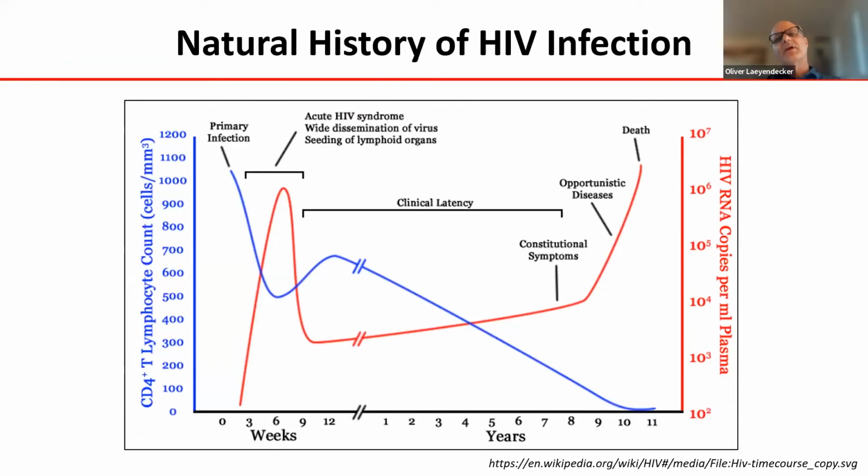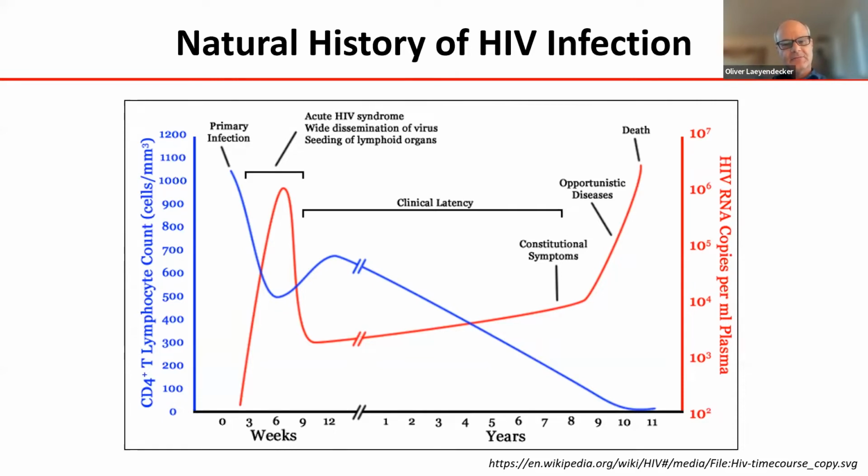When we switch to looking at pathogenesis, this is a description of the interaction between viral load and loss of CD4 count, which is actually a figure which was generated by Wikipedia. They actually have a graphics department. And so here what we see is the viral load, which is in red, which initially after infection rapidly increases.